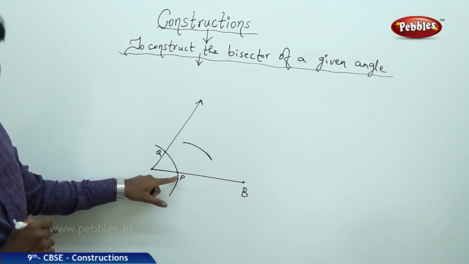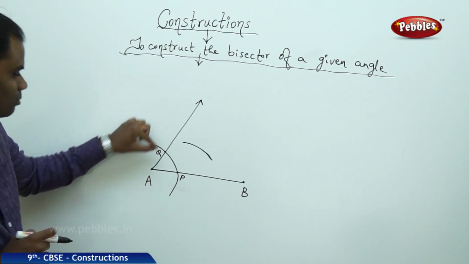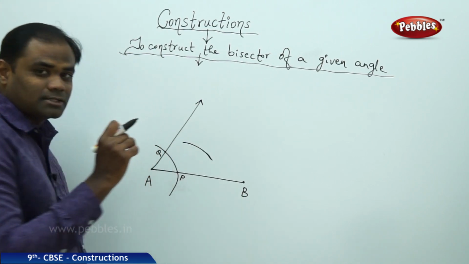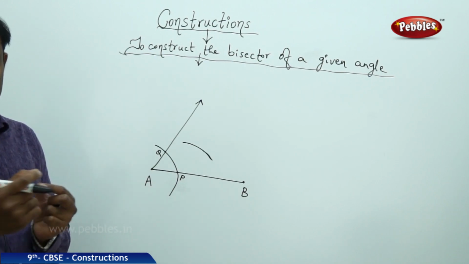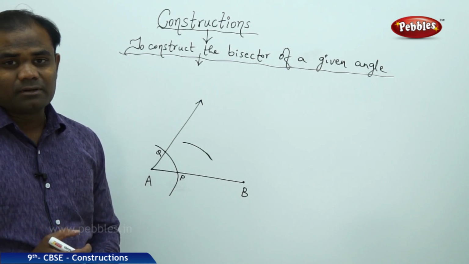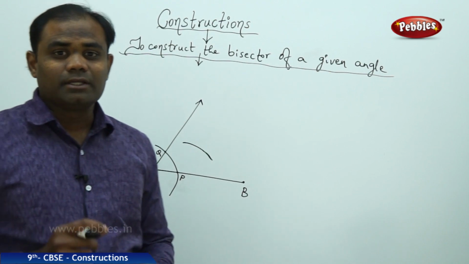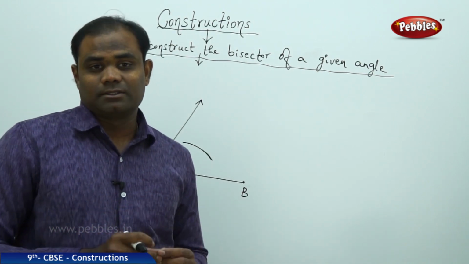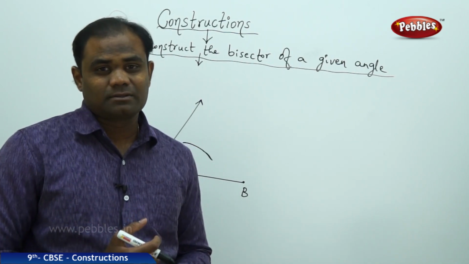Similarly, now move the pointer from P and put it at Q. So the compass pointer is now put at Q, but the radius is not moved. We take care that the screw is tight, because if the radius moves, the whole construction goes wrong. Remember, when we use the compass, the safest precautionary measure is to make the screw tighter so that the compass doesn't move along the radius.